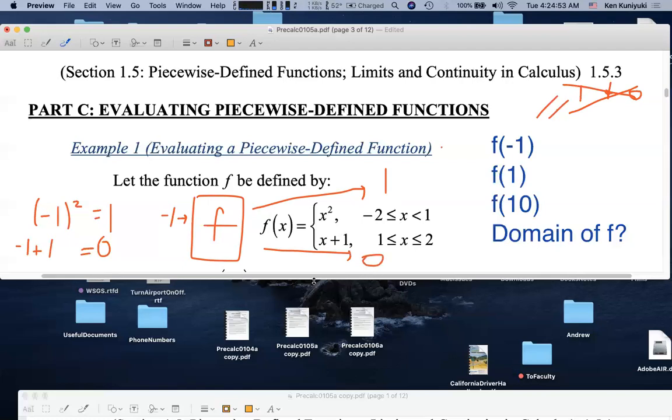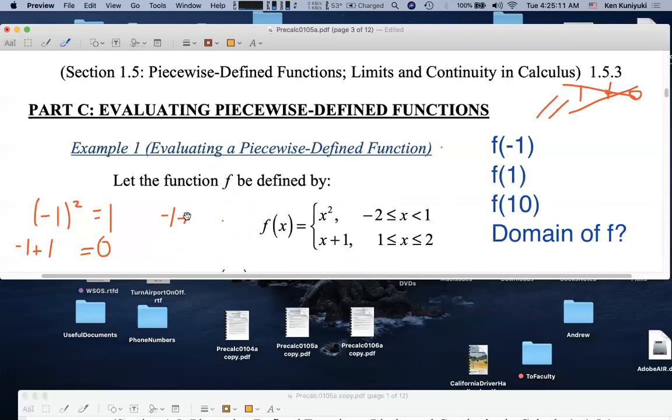A function is not allowed to do this. If you input a value from the domain, you cannot get 2 or more different outputs or y values. This cannot happen. So don't just take the input value and plug it into all the rules you see.